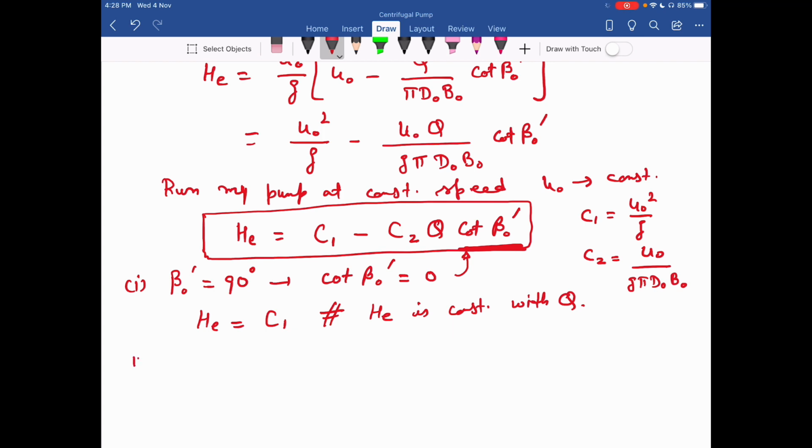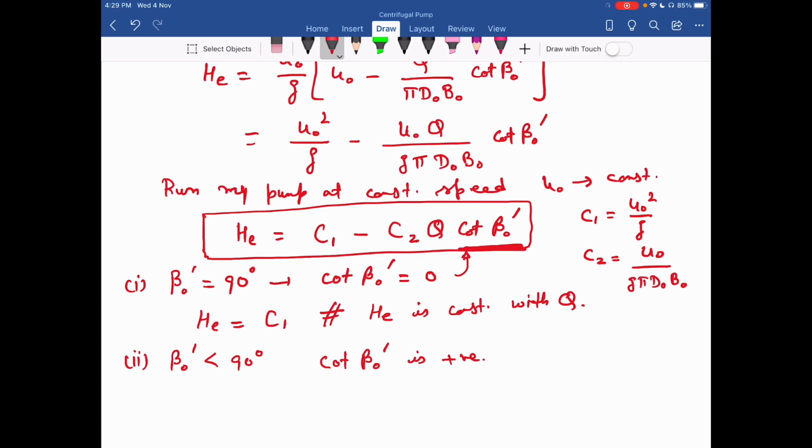Now, second case, when beta_o dash is less than 90 degree, that is the case of backward curved vane. In that case, cot of beta_o dash is positive.